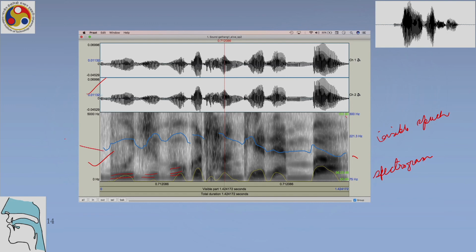So here the blue line will show you the F0, the fundamental frequency. The colored lines imposed on this spectrogram show you other information like fundamental frequency and the intensity.